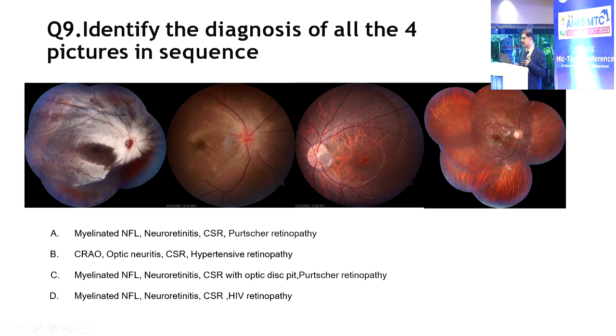Previously, when we were postgraduates, we used to present it as CSR, but evaluation with OCT has revealed it to be retinoschisis, which happens with optic disc pit. And the fourth one is Purtscher retinopathy. That is the answer.